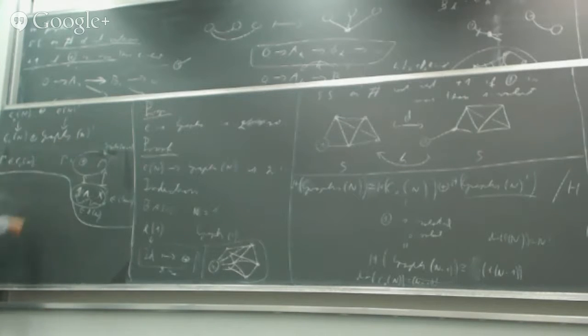I have gamma in graphs n prime. It means that it looks like this. 1, and here is gamma prime, which is in graphs n-1, and this is connected to 1 vertex there.